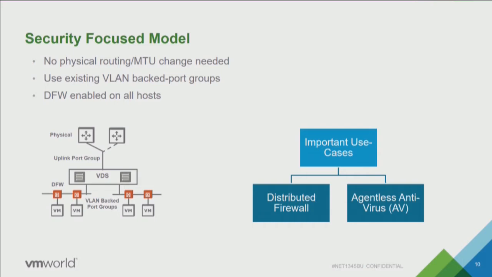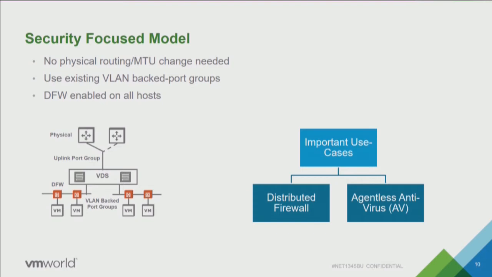Within this model, we have two important use cases. One is the distributed firewall use case. You can use the security-focused deployment model just for firewalling purposes, for east-west firewall, right? That's one use case. And the second use case is the agentless antivirus use case. Agentless antivirus means that your virtual machines are not running any agent inside.